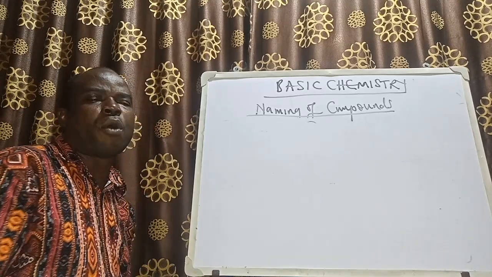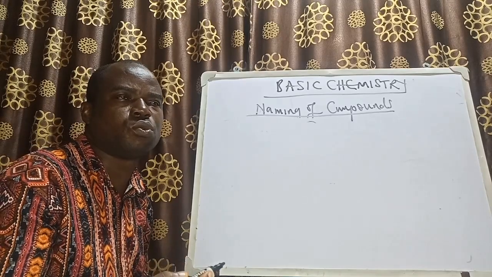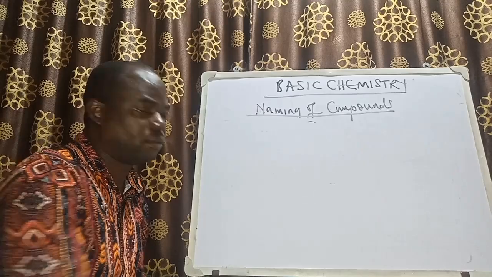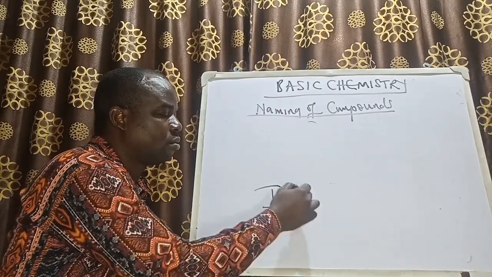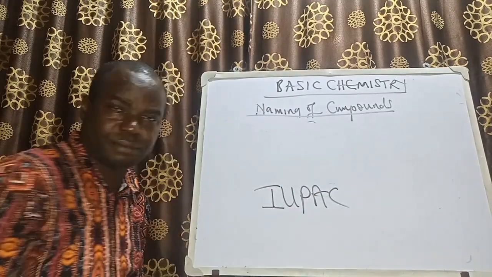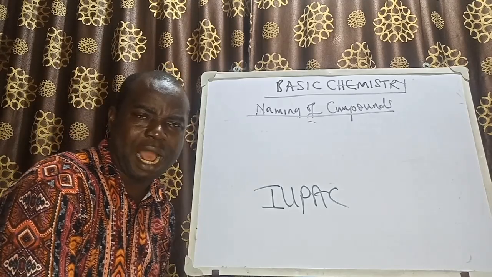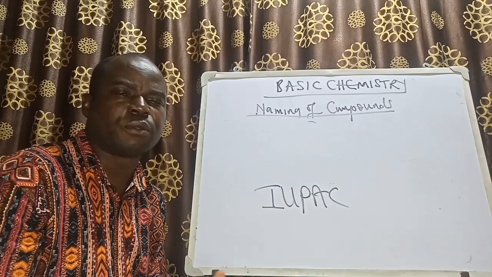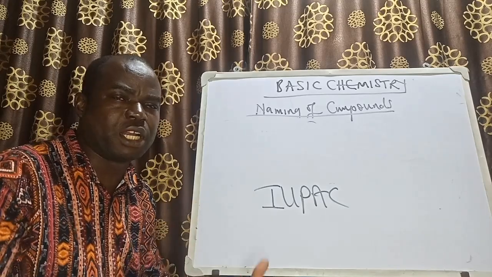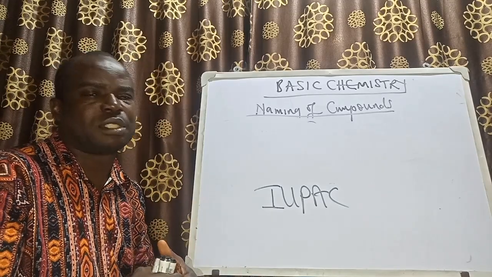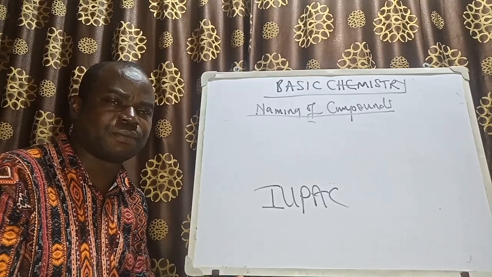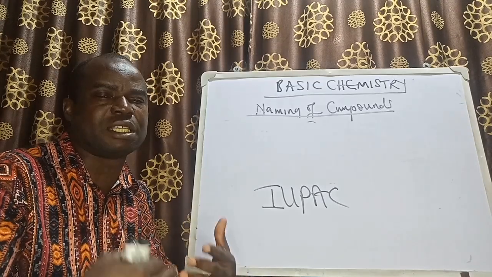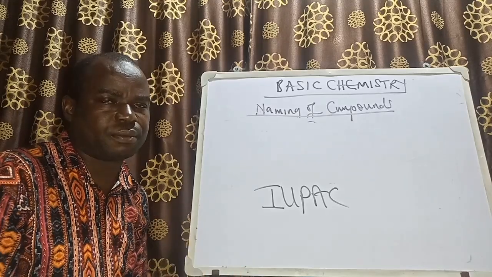Now, before we begin, I want to bring up an acronym called IUPAC. IUPAC is the short form of the name of a body that governs chemistry, or that determines the way a compound in chemistry is named.